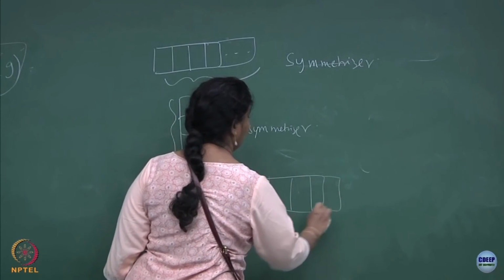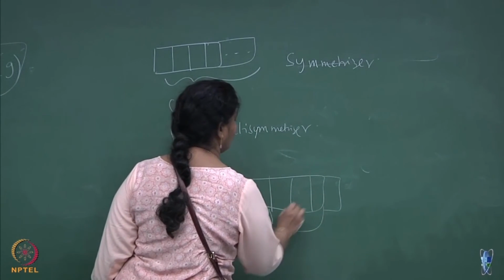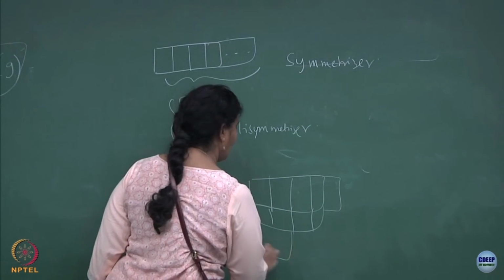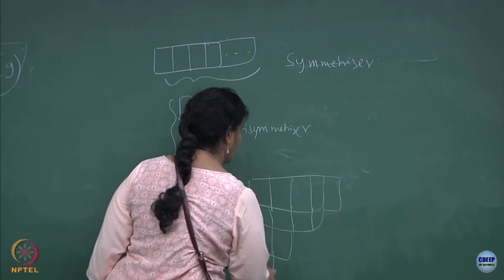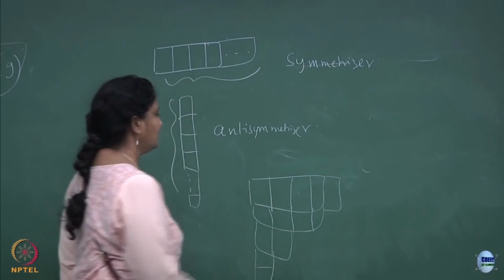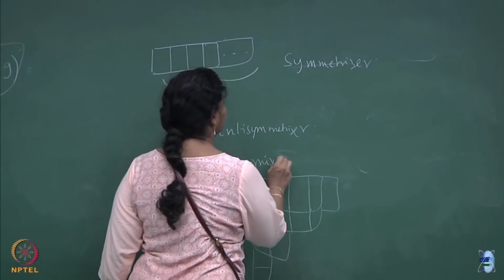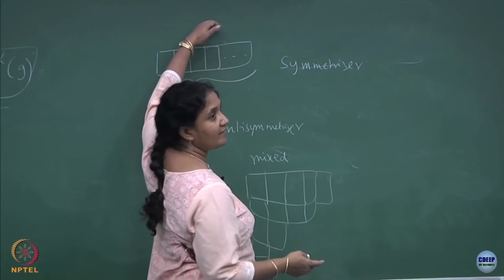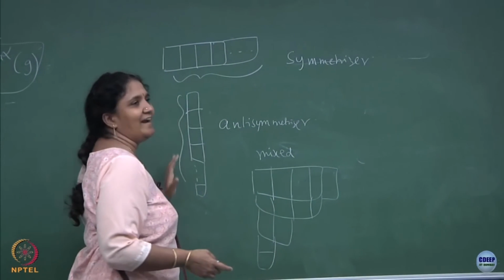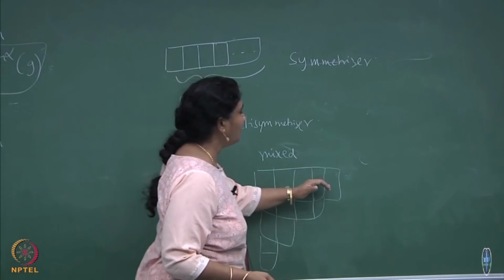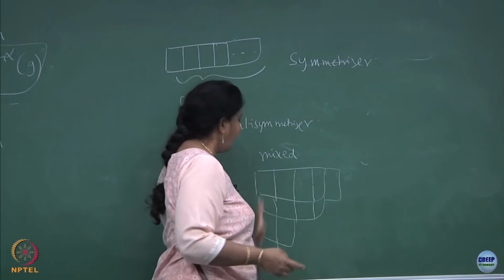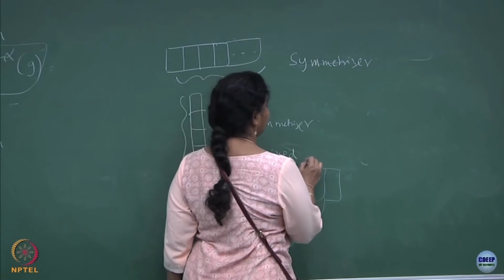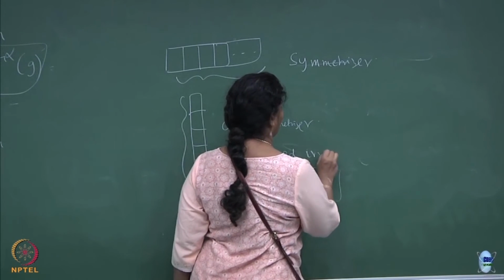Only requirement is that the number of boxes as it goes into the second row should be at most equal to that. That is the convention we are going to follow, and you can have this. So, this is what I will call a mixed. Why mixed? It is not totally symmetric, it is not totally antisymmetric, but some of them are symmetric, some of them are antisymmetric, and you mix and match. Okay. So, these are called mixed irreps.